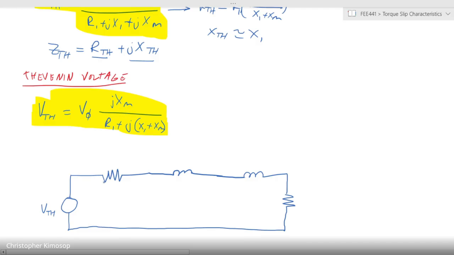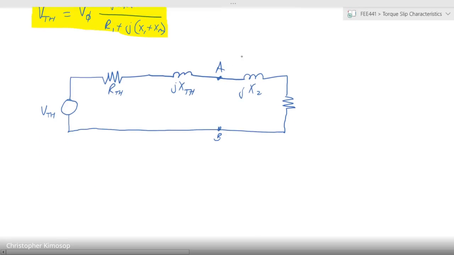Okay, where we have our R Thevenin, jX Thevenin, jX2, our A is there and our B is there. And we finally have our R2 over S. So we've slightly simplified the circuit.